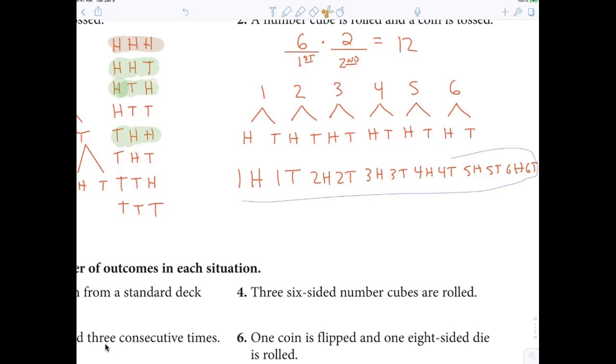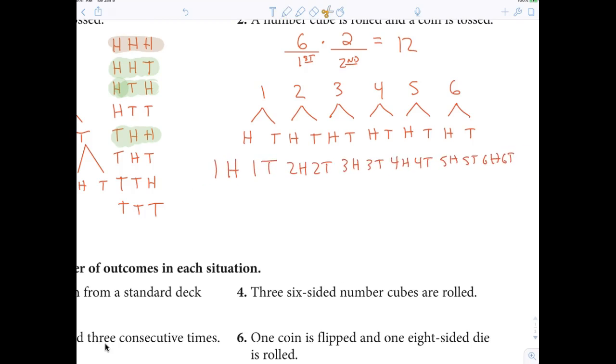Is everybody with me? So that's what we have. And if you count those, there would be how many there? There would be 12. Come on, guys, I think that's pretty easy.